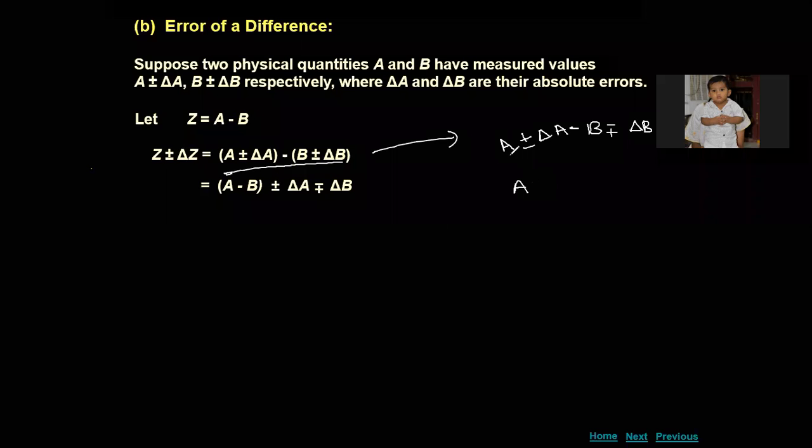A is there, true value, and here minus B is there. Next, if I take out common plus or minus, delta A is there. Next, minus or plus delta B is there, right? So that is how we got this step. This step is missing in that, so that's why I have written here.